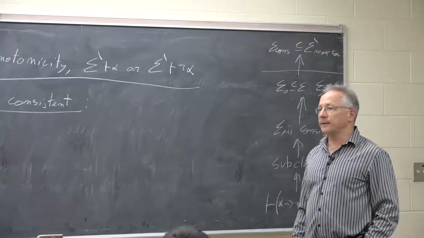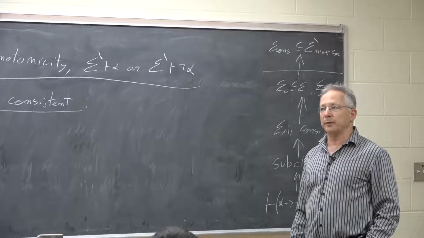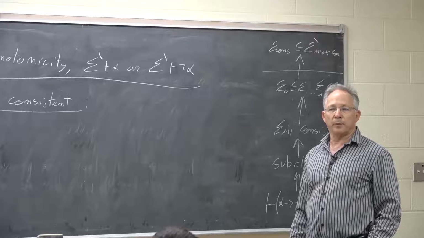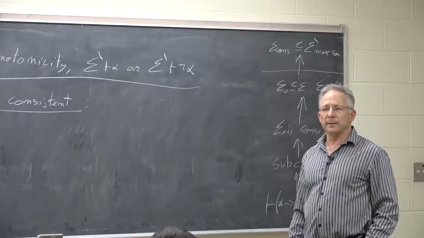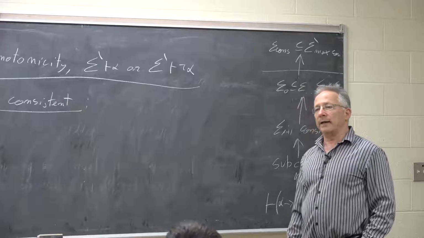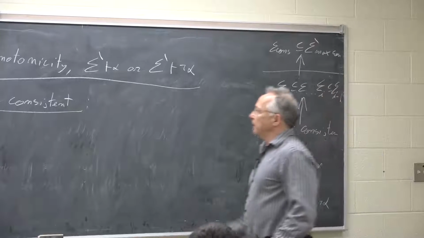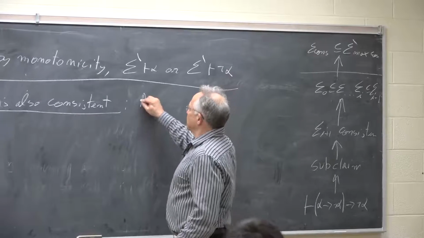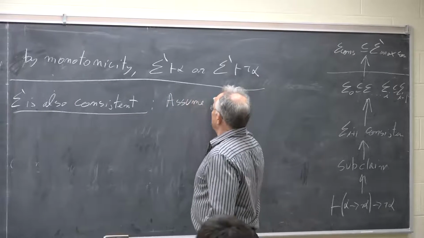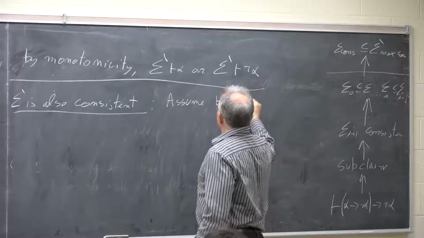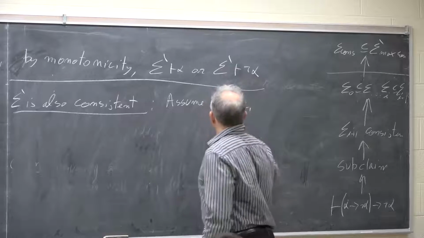And this relies on an interesting property of our proof system. Our proof system is such that every proof is finite. So assume, by way of contradiction, it is not.